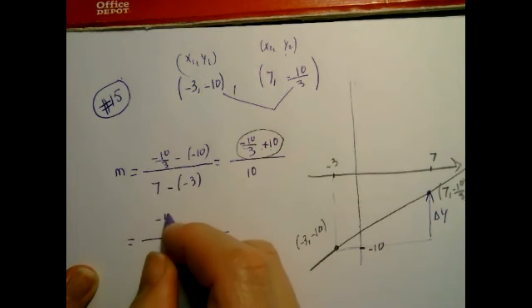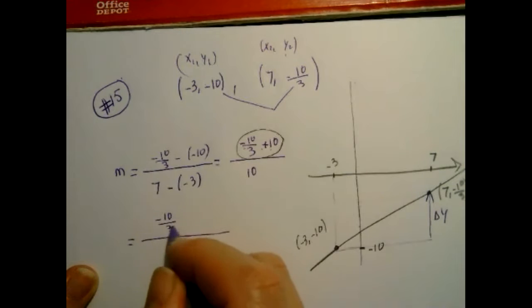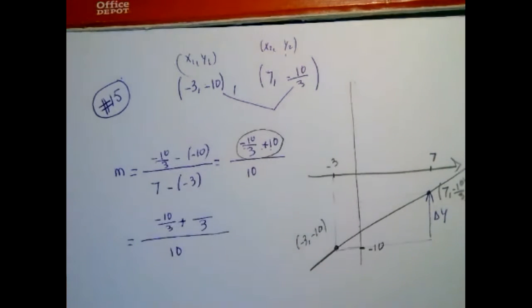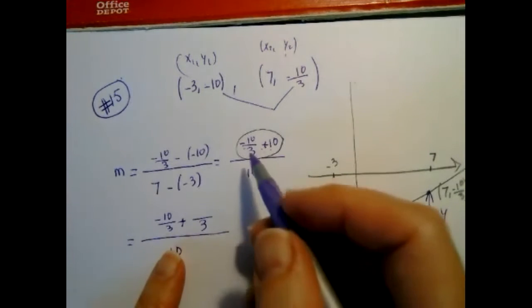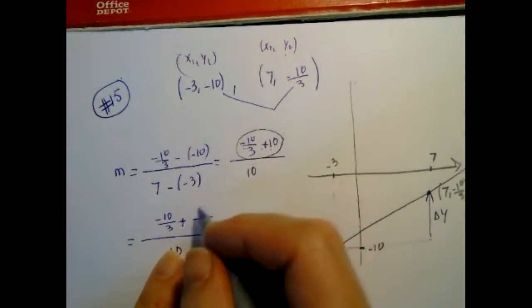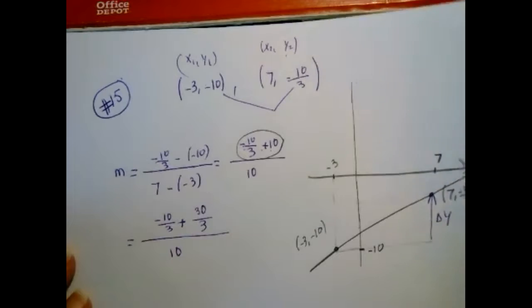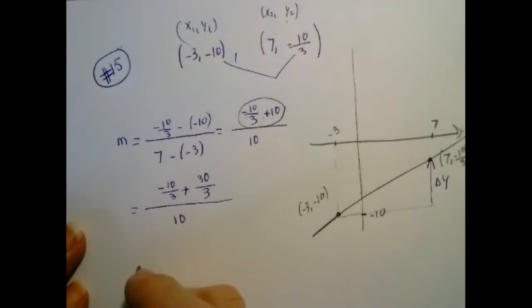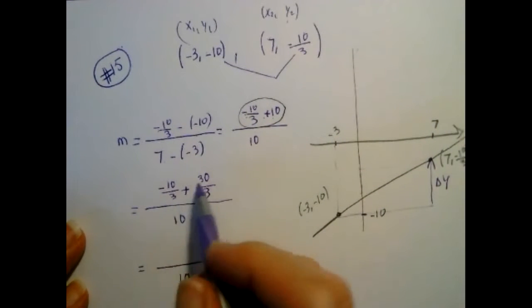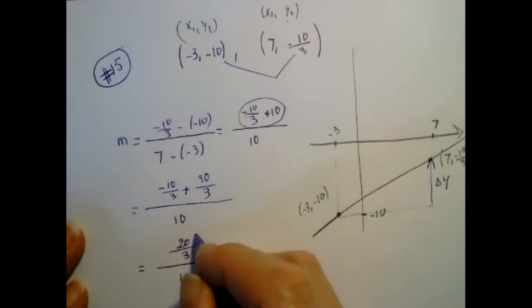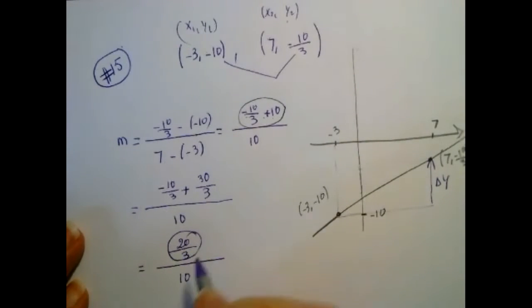This is going to be 10 plus 10/3, so I can combine this. I want a common denominator, and this gives me 3 times 10, that gives me 30. A little bit of algebra is also required. So I have 30/3 plus 10/3, so it's going to give me 40/3. Now I have a fraction divided by another one.